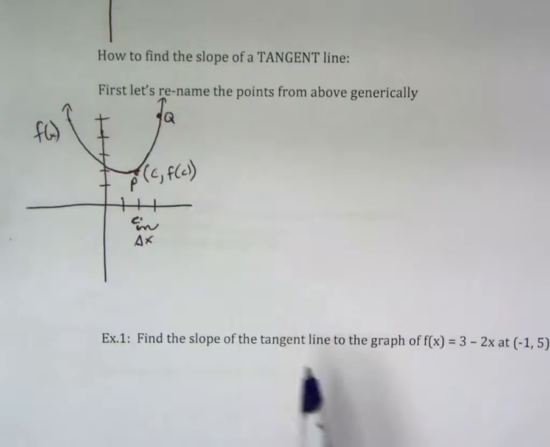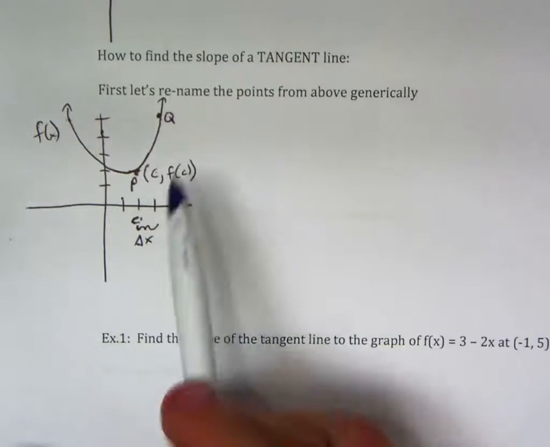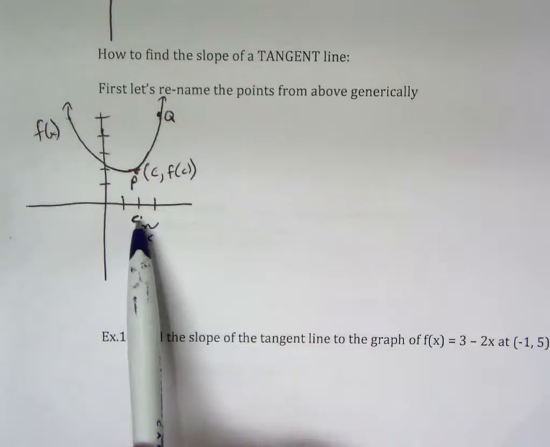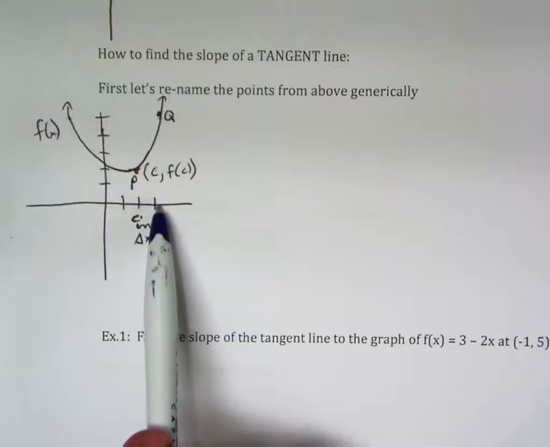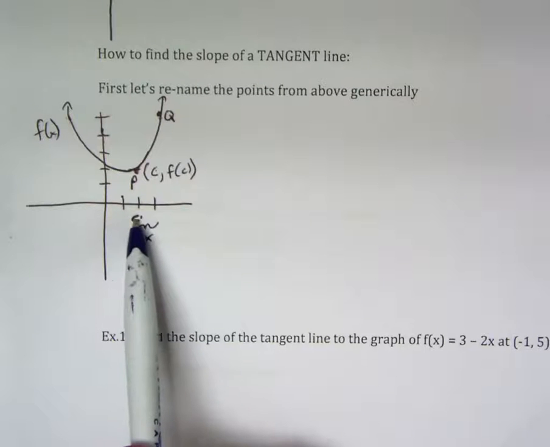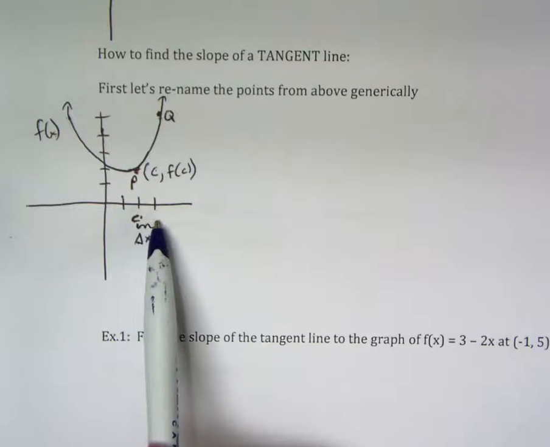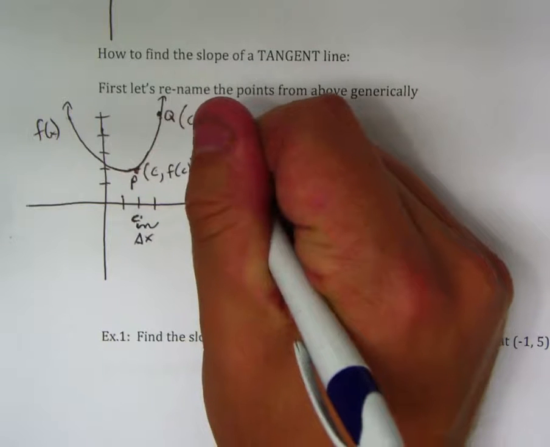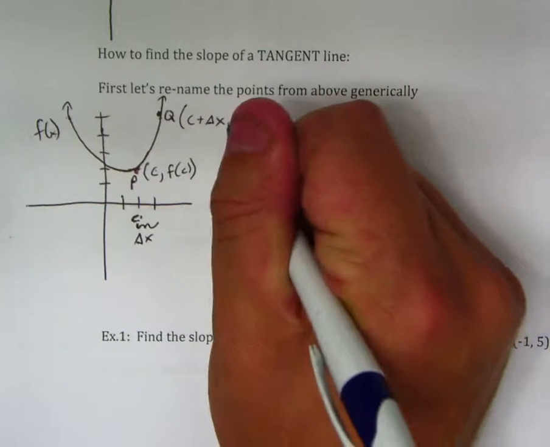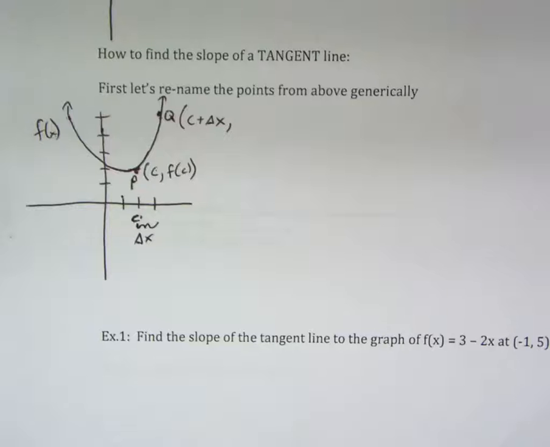Okay, let's look at Q. It gets a little more interesting at Q. So the x value for Q is whatever C is plus this delta x right here. You take whatever C is, plus you have to go delta x more. So point Q would be C plus delta x. That's your x value.